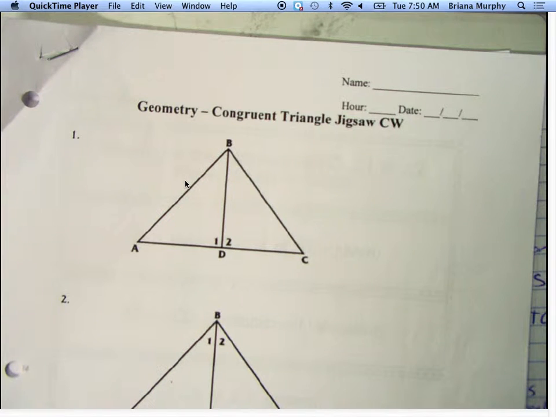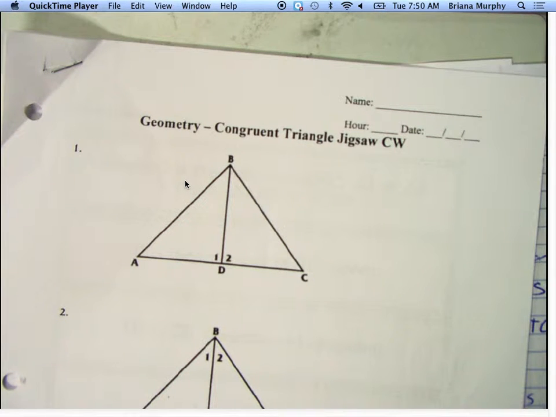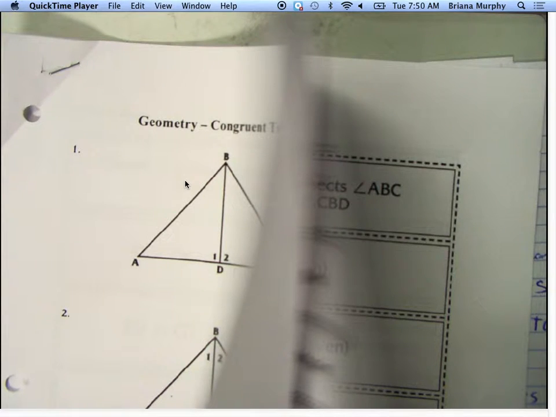Okay. Thank you, Tiff. All right, so ladies and gentlemen, we are going to look at the proofs from yesterday first. Okay? It does that.